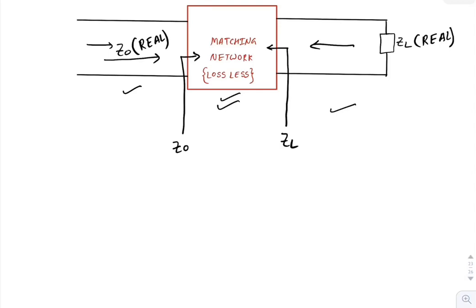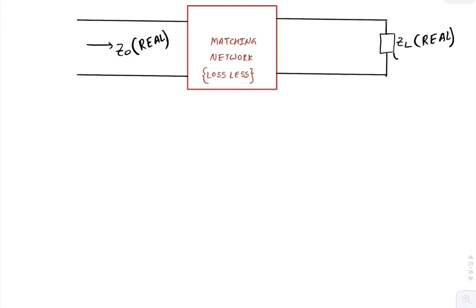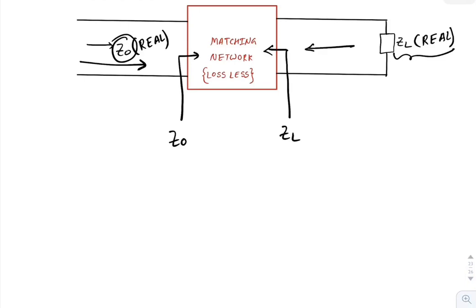So my objective is to match a real value of load with a real value of characteristic impedance. In another perspective, ZL should transform as ZO when you see from the transmission line point of view. Similarly, this ZO should transform as ZL when you see from the load point of view.